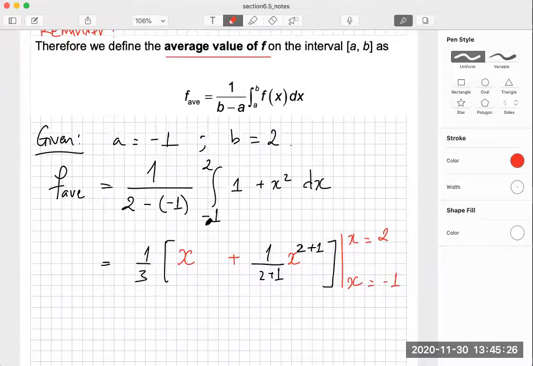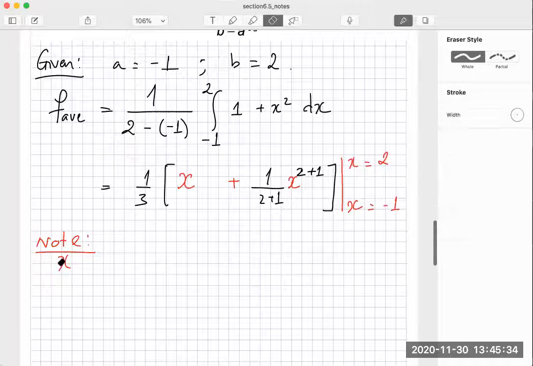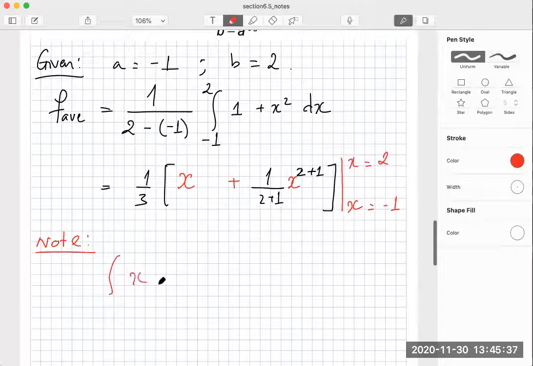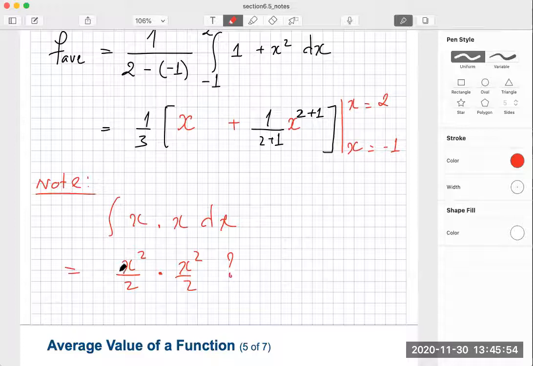But if you see x times x, can we write it as x squared divided by 2 times x squared divided by 2, because x squared divided by 2 is the antiderivative of x?